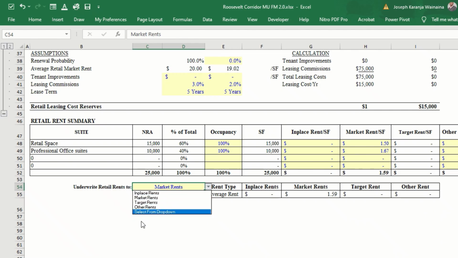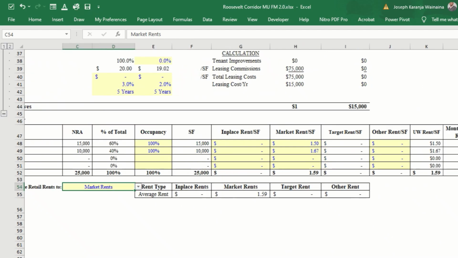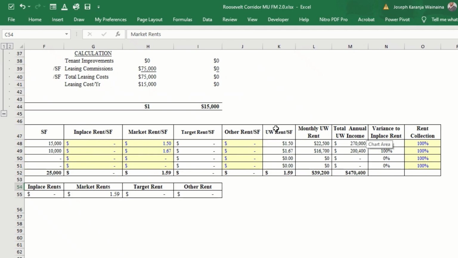So the selection is there. That's the underwriting rent for the retail. You can see the monthly rental income, total annual underwriting rental income, and variance to in-place rent in case we do have a variance. So these are the rent collection percentages.